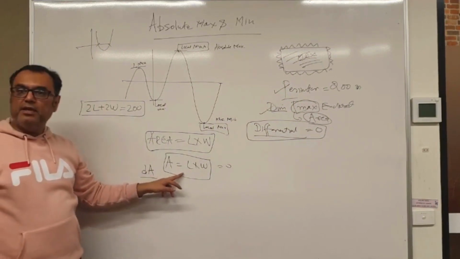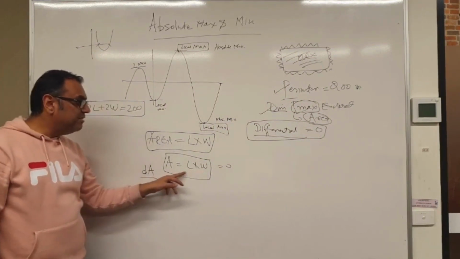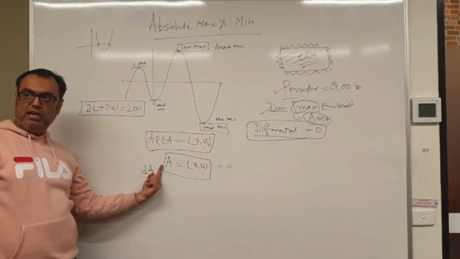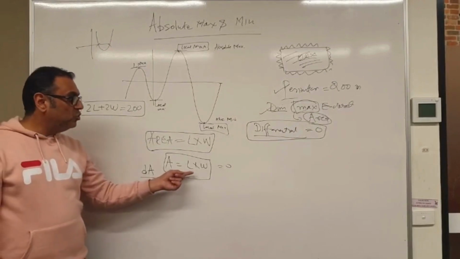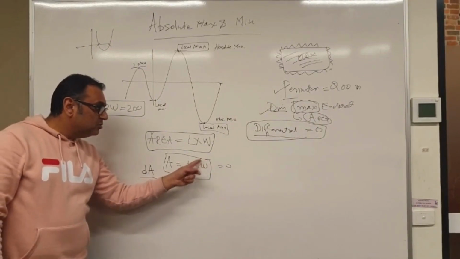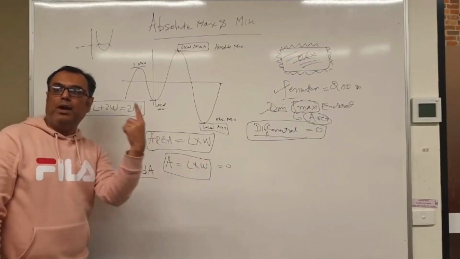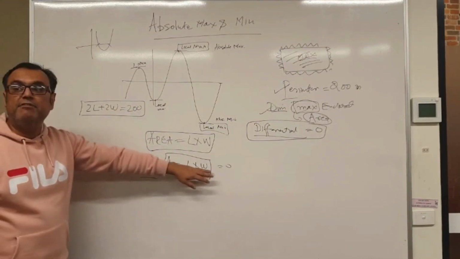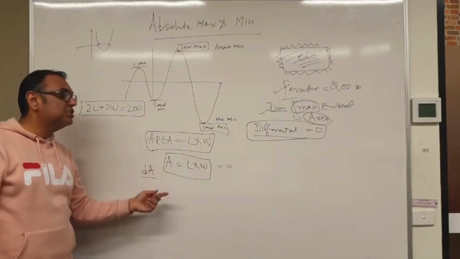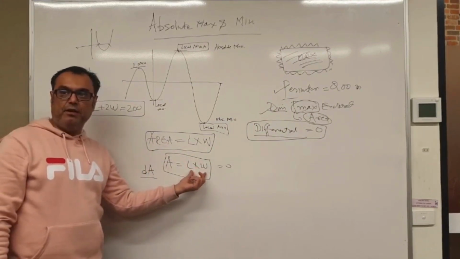The problem is you have 3 variables here. You've got area on one side, so you know dA by something. So you need to chop these two into one, and then you find the derivative of the area with respect to whatever you've got left here.